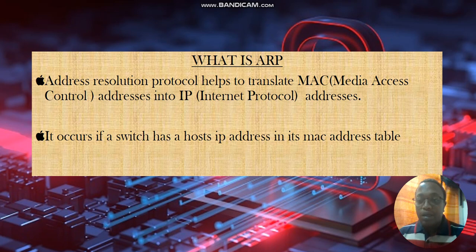Later, after receiving the reply from the unknown destination after unknown unicast flooding, it will still record the source IP and the corresponding MAC address in its MAC address table, so that if it receives a packet again going to the same destination, it will only do resolution. This is where address resolution comes in. It will only do resolution, translating the MAC address into an IP address, and just forward the traffic.